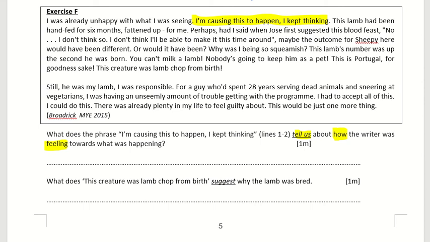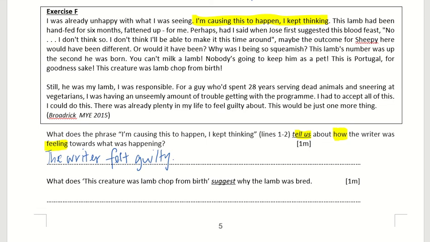How is the writer feeling? The writer felt guilty.